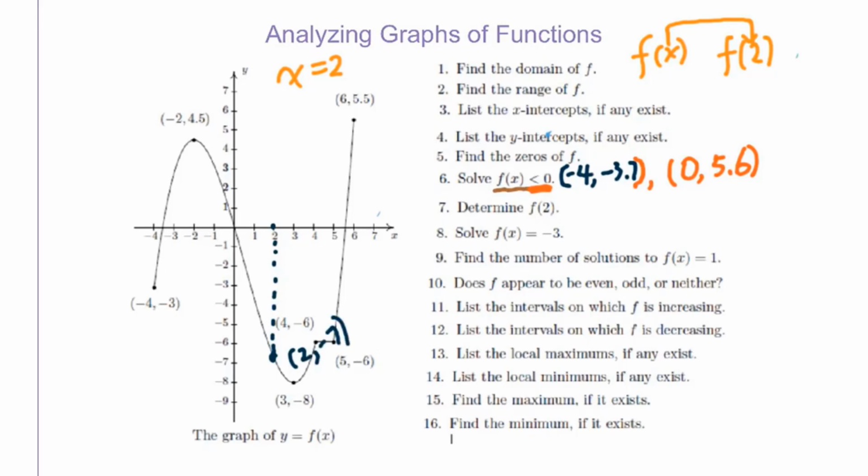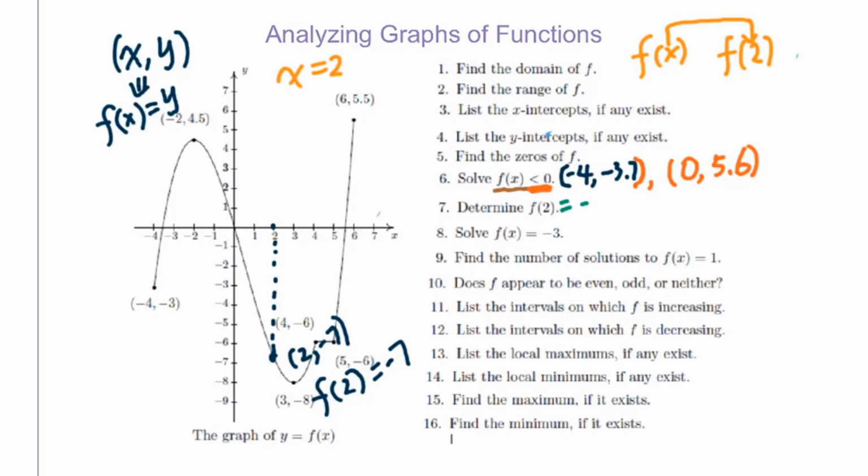For any point (x, y) on the graph, we can write f(x) equals y. Therefore, for (2, -7), f(2) equals -7. So f(2) equals -7 for number 7.